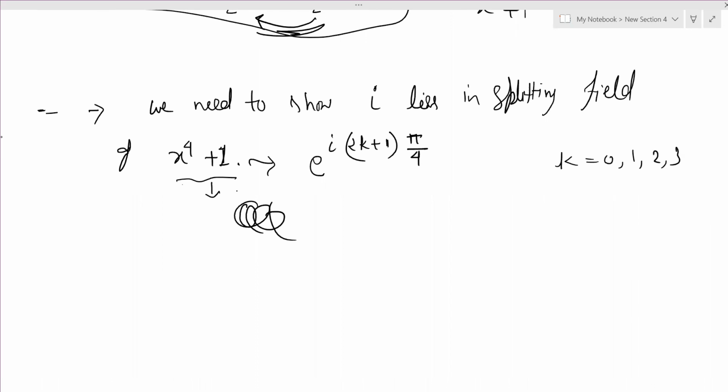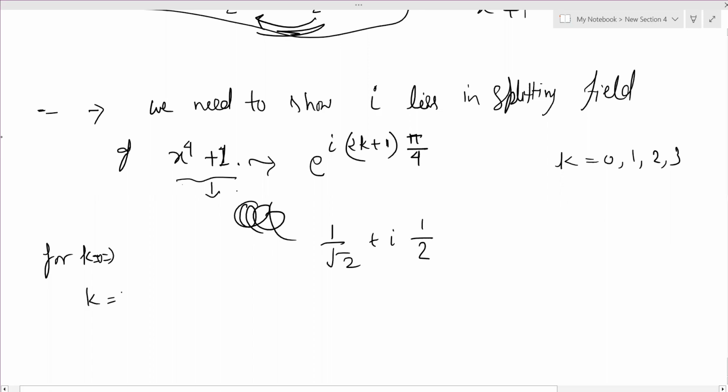For k equals 0, what value do you get? For k equals 0, we get e to the power iota pi by 4, which is cos pi by 4 plus iota sin pi by 4, that is 1 by root 2 plus I times 1 by root 2. For k equals 1, we get minus 1 by root 2 plus I by root 2.